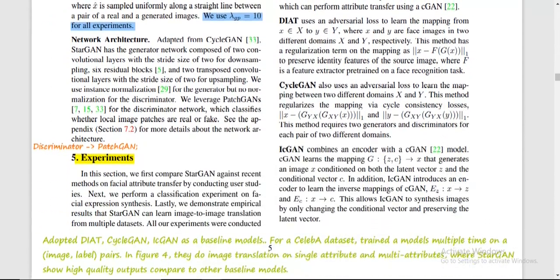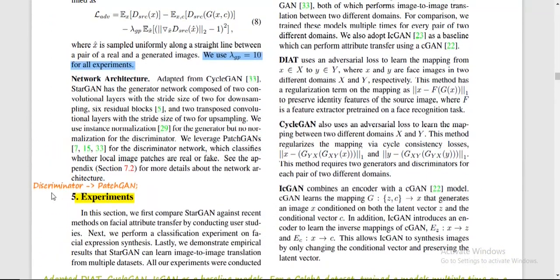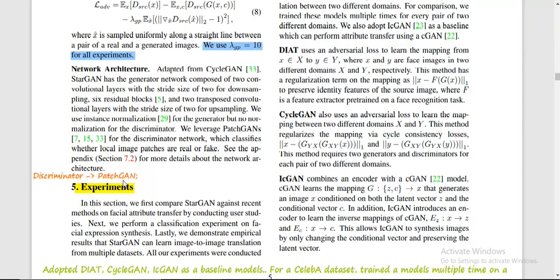And for the experiment, if we see, one thing is that for the discriminator they use PatchGAN, right? So why PatchGAN? What is PatchGAN? The discriminator takes patches of the images, not the whole image at a time, right? PatchGAN has different advantages, and they are inspired by the StarGAN paper.